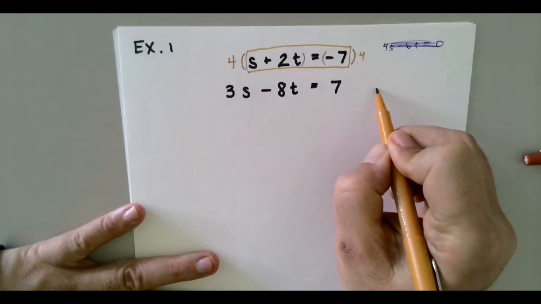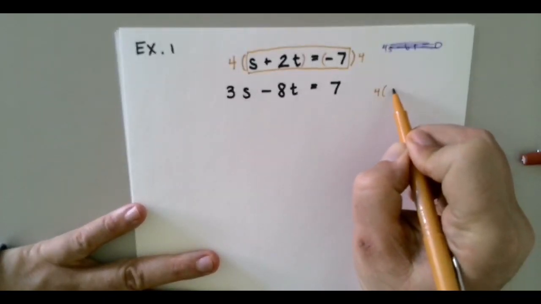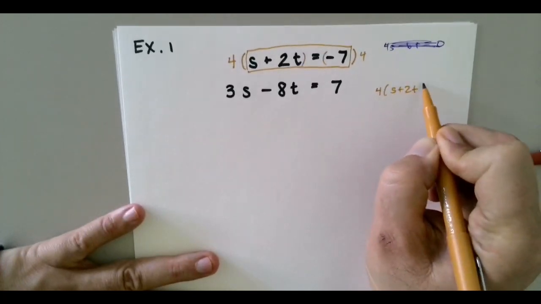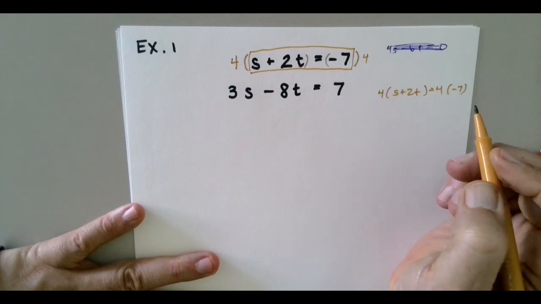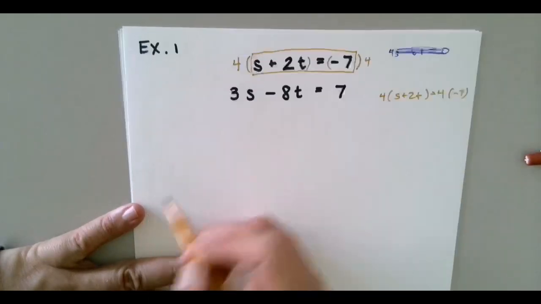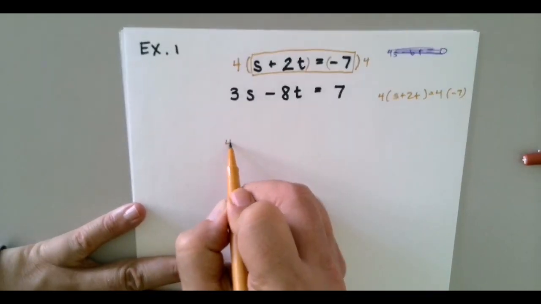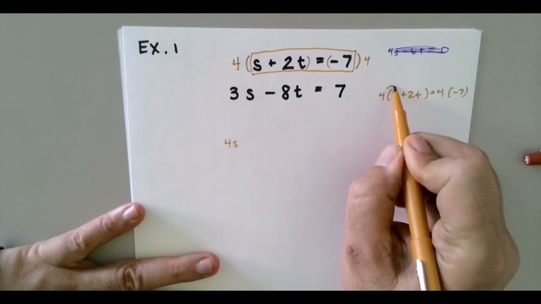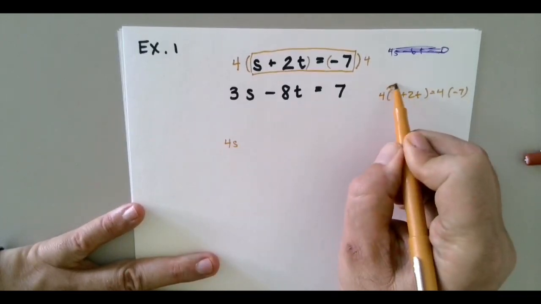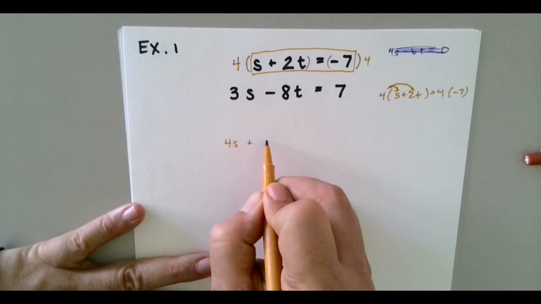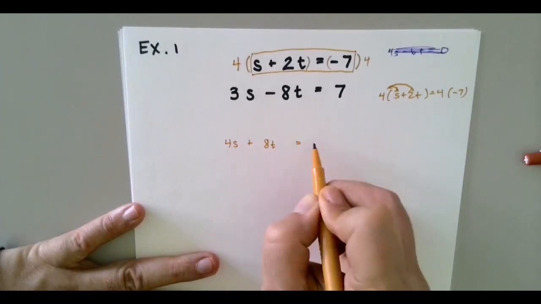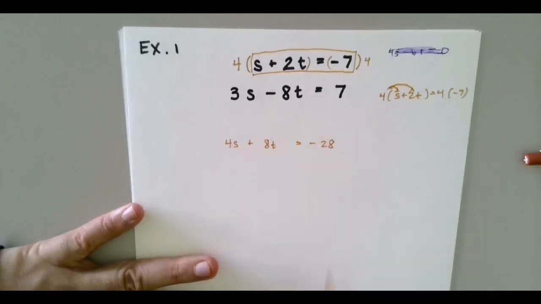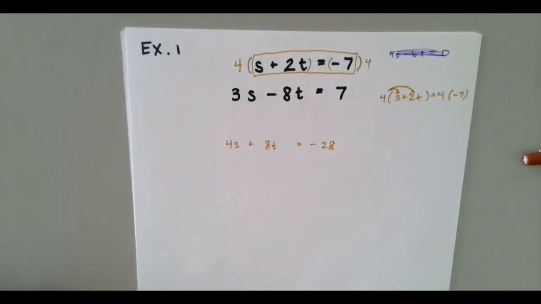So I have 4 times quantity s plus 2t equals 4 times negative 7. So after I do that, I get 4s, right? So I'm distributing that 4, plus 4 times 2, 8t equals negative 28. Okay? So then what do I do now?